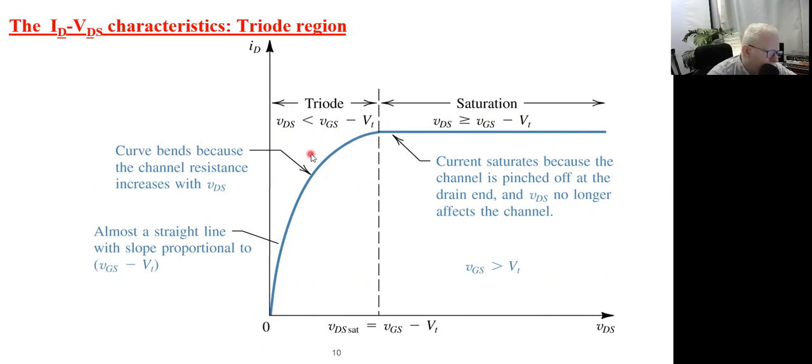Okay, as you can see in this triode region, we have actually two variations. In the beginning of the triode region, it seems like the voltage and the current are almost linear here. However, by increasing the VDS, a curvature starts to appear, as you can see.